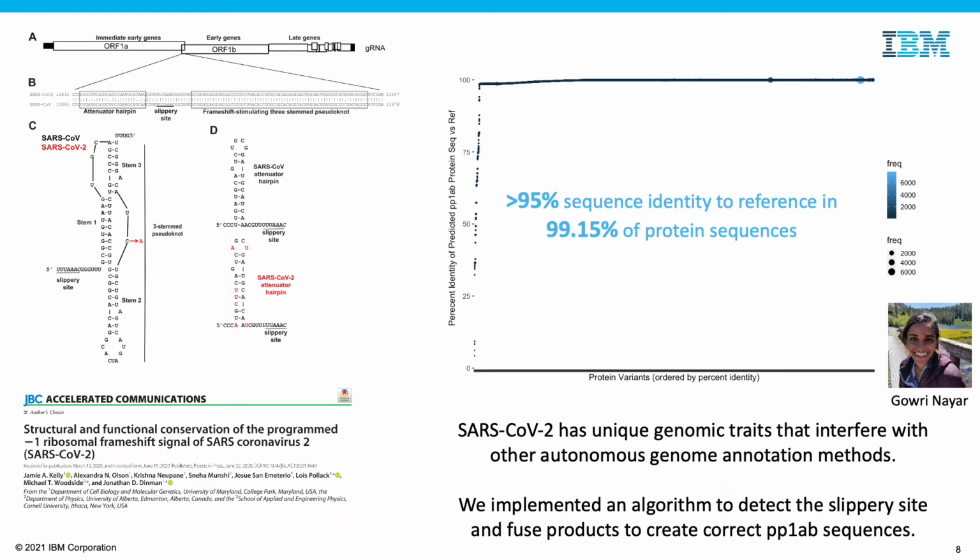And the frequency of those different sequences are indicated in color and also in point size. So the majority of our sequences have very high fidelity to the references and are able to achieve that full-length protein product that is going to have higher accuracy to the reference.